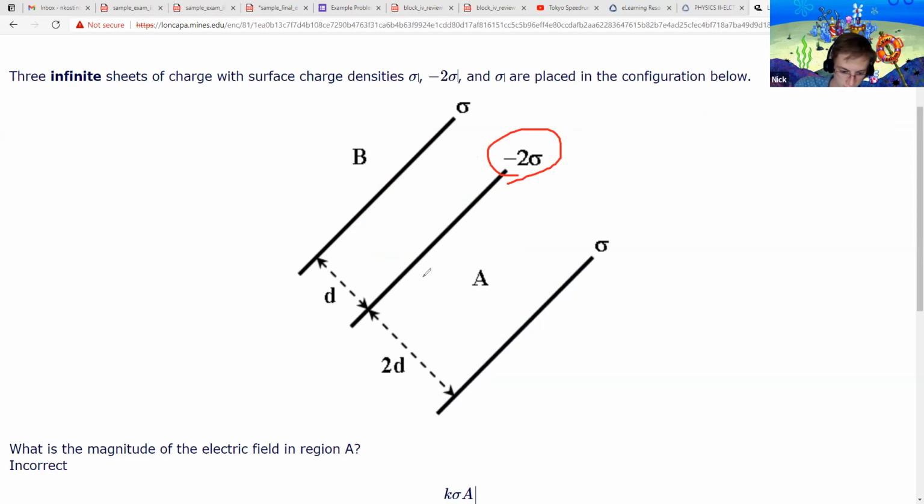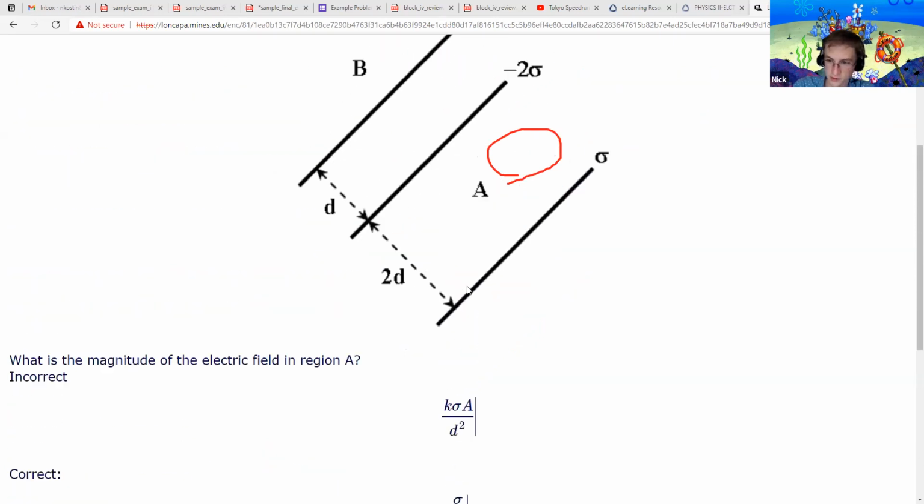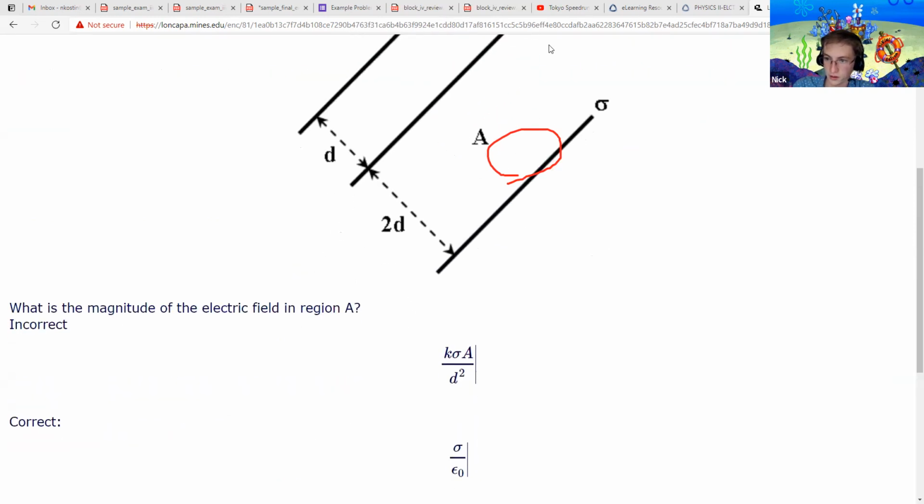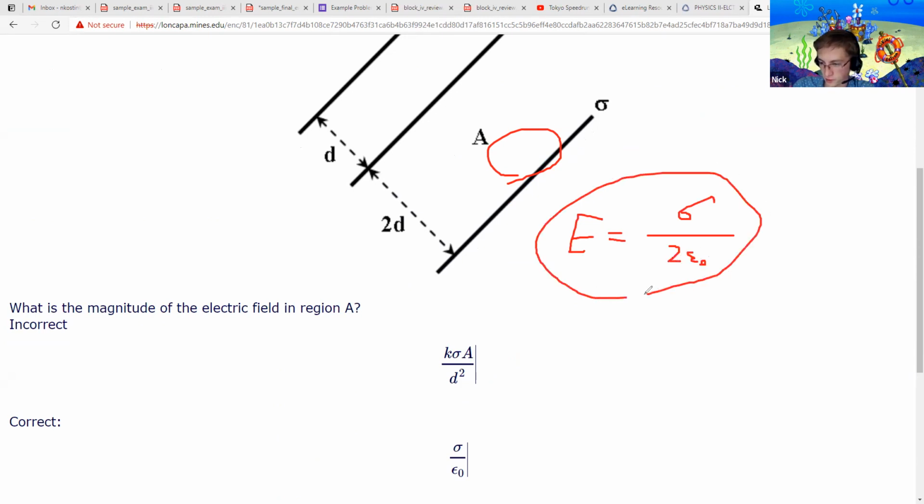And it's asking for the magnitude of the electric field. So again, if I look on the equation sheet, the equation is E is equal to sigma over 2 epsilon naught. That was just taken straight from the equation sheet. Now, if I want to apply it to this problem, it's asking for magnitude, so I'm not going to worry about the fact that it's -2 sigma.